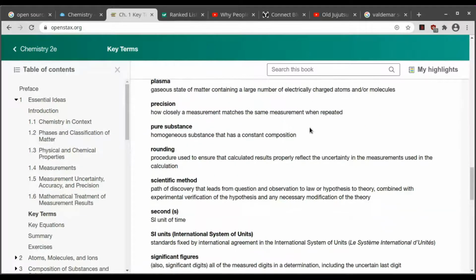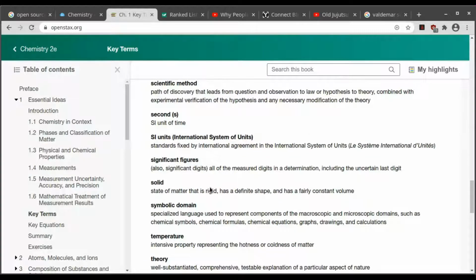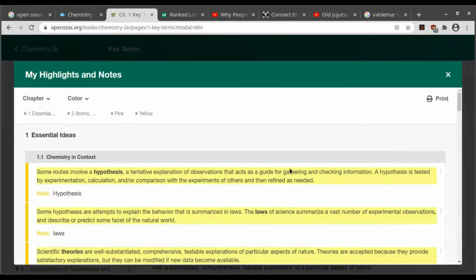So in your end of chapter terms, all of the terms in section 1.1 are in there. But because we took notes as we were going through the chapter, we have all of those same things, right? So we should be at this point able to answer any questions.